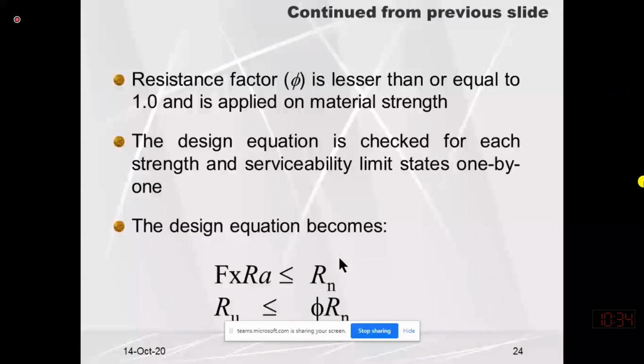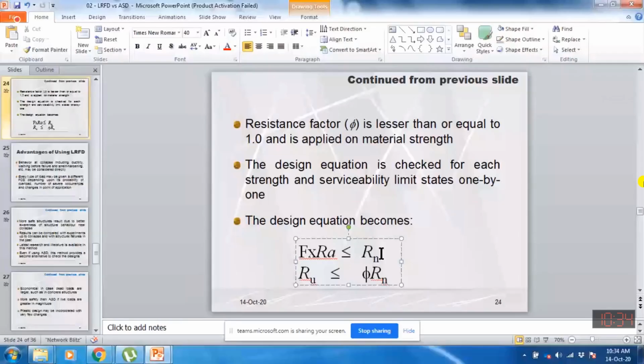So the design equation will now become like this. Let me change this equation a bit. This goes to be divided by F2, because I have explained it this way.